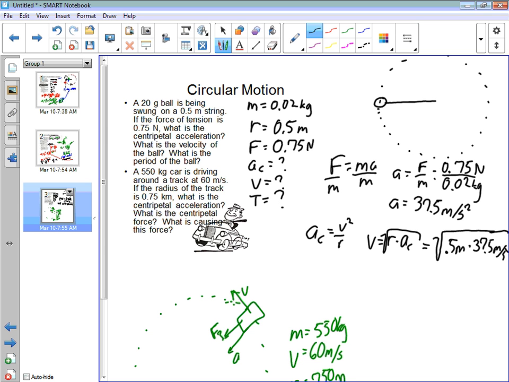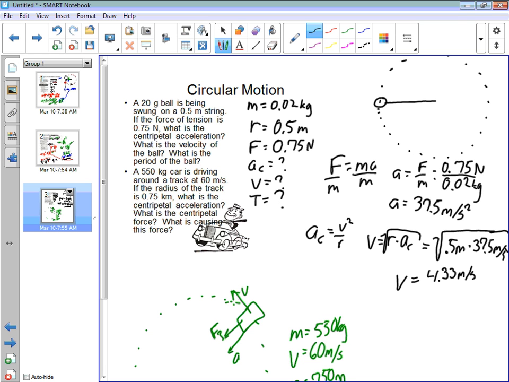Notice it'll end up being meters squared per second squared, and we take the square root, that would be meters per second. That's good. Okay, so what's half of 37.5? Okay, 18 point something, and then we take the square root of that. So v equals 4.33 meters per second.